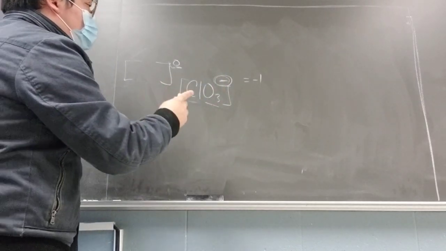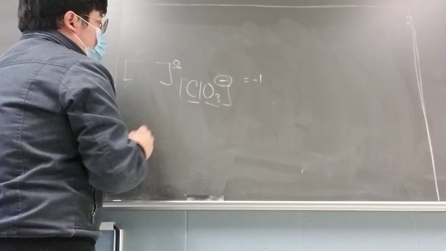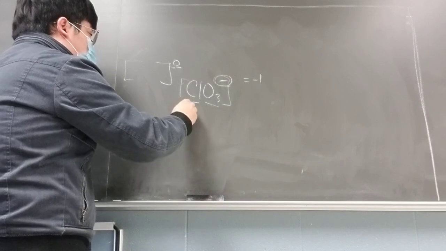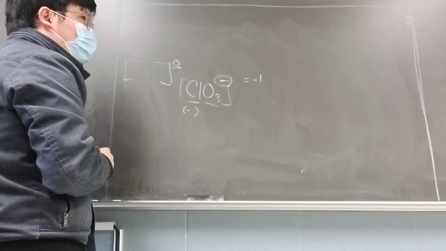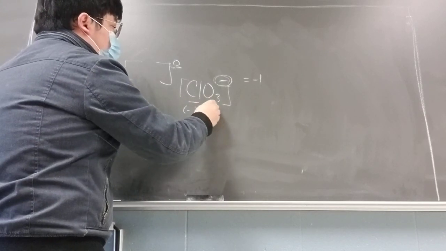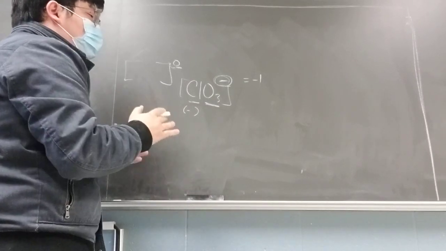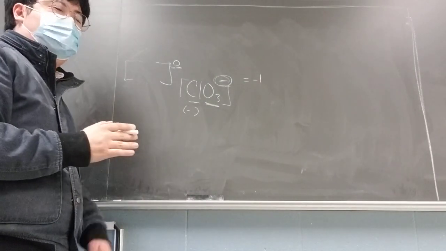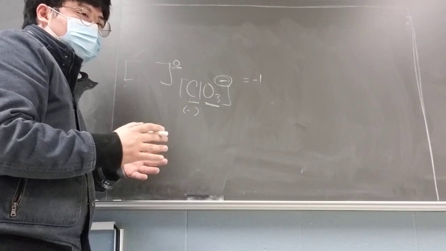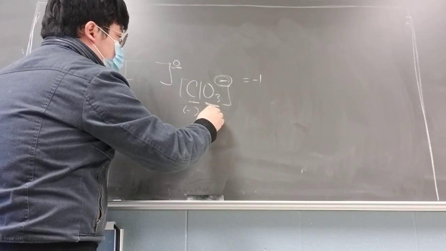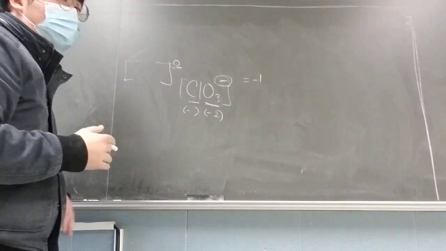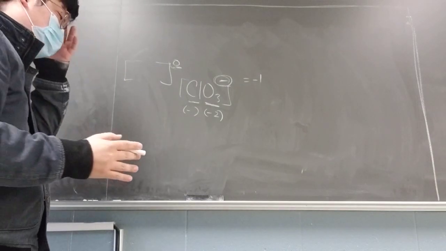So neutral is 0, but this one has a negative charge, so if you add all the oxidation numbers, it has to be -1 here. In that case, the chlorine is a non-metal, so like I said, it would normally be a negative oxidation number. But because of the oxygen, this is an exception. When it bonds to oxygen, oxygen is always -2, unless they're in the peroxide form.